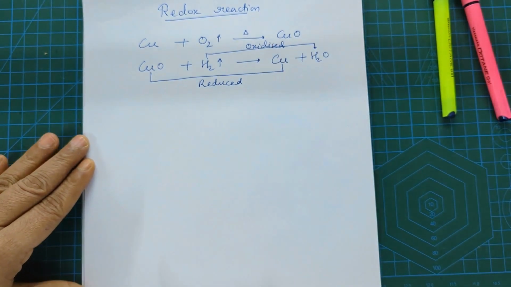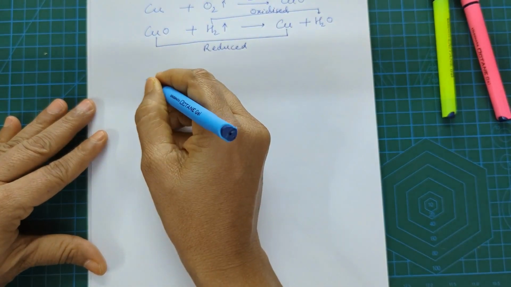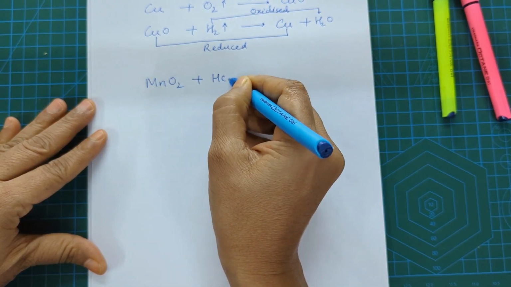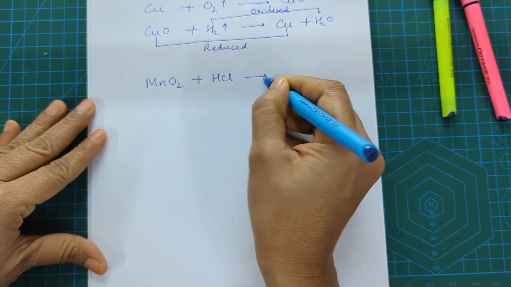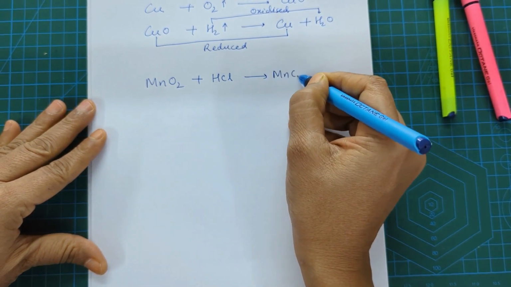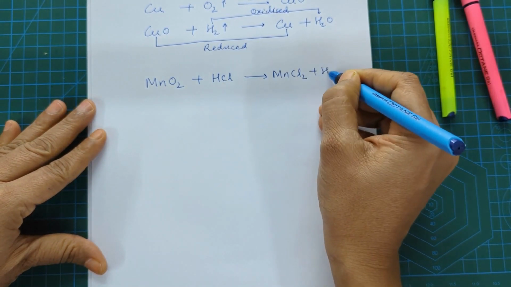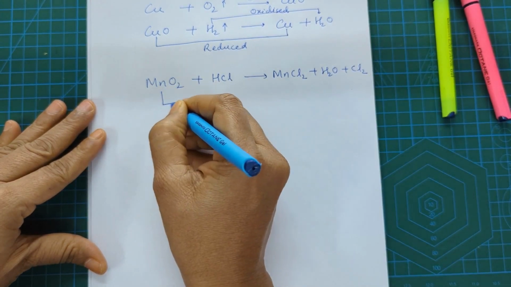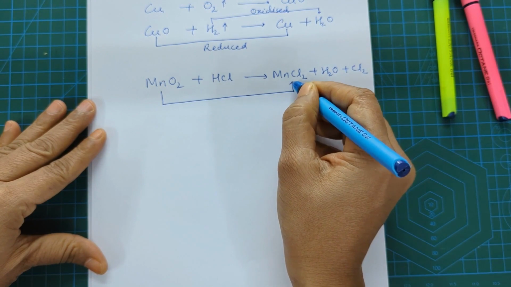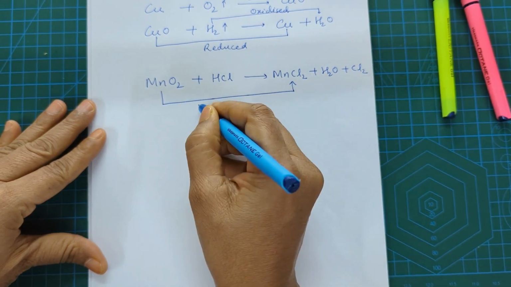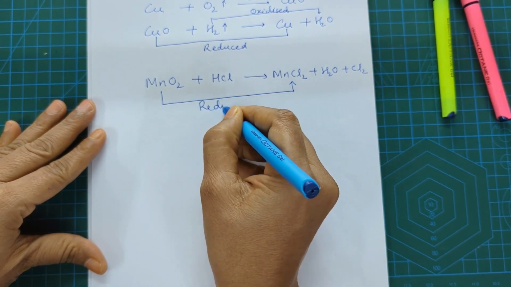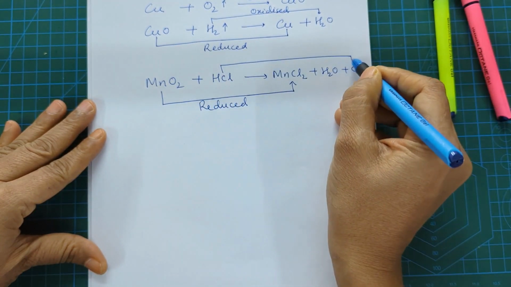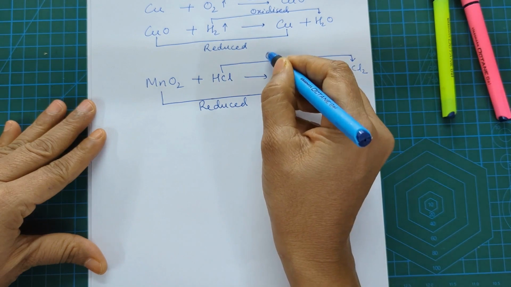Let's take one more example of redox reaction. Here manganese dioxide, when it is treated with dilute hydrochloric acid, forms manganese chloride, water and chlorine gas. In this case, manganese dioxide is reduced to manganese chloride and hydrochloric acid is oxidized to chlorine gas.